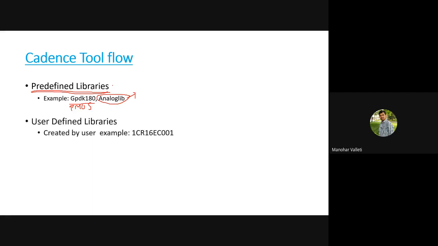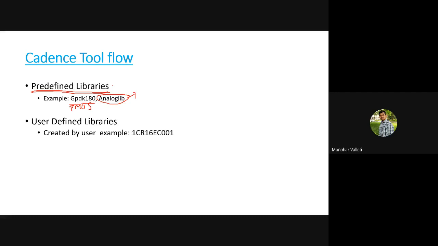In the same way, whatever you are doing in Cadence, you need to work under a library. So you have to create a user defined library. For any circuit you are working on in Cadence, you need to create one user defined library. Under that library only, you keep connecting the circuits and verifying them.